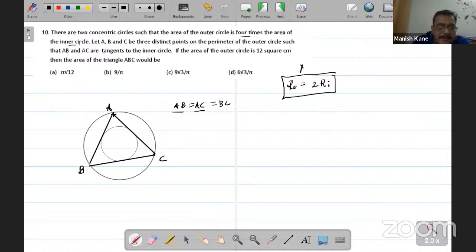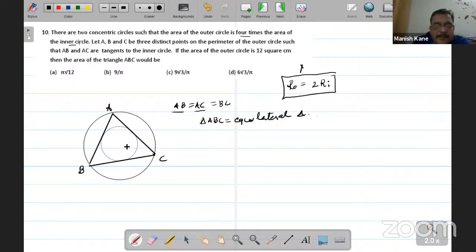So BC and AC are equal, AB and BC are equal, so AB, AC and BC are equal. So triangle ABC is an equilateral triangle.